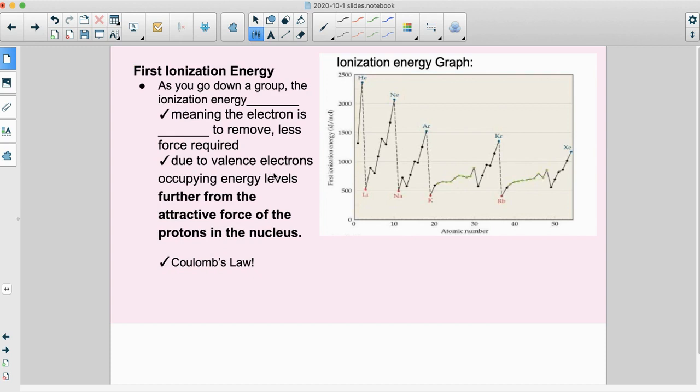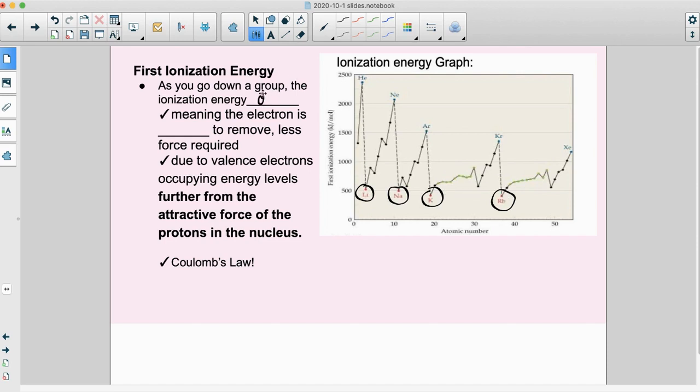All right, so now we're going to actually look at some trends and talk about why they happen. So as we go down a group, all right, so here's group 1 at the bottom, these red. Okay, that's group 1. So here, let me circle these. These are in group 1. As you can see, there's a general trend of the ionization energy going down.